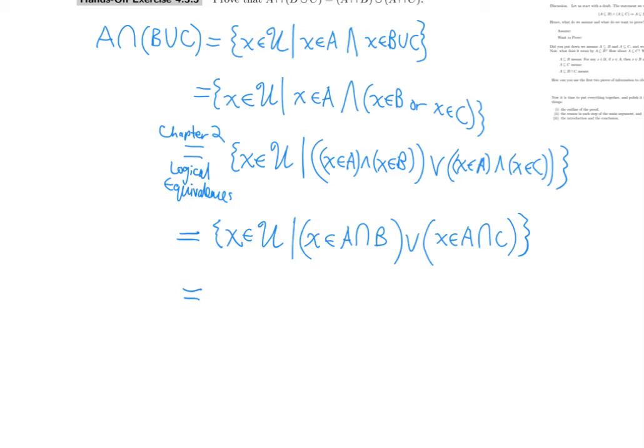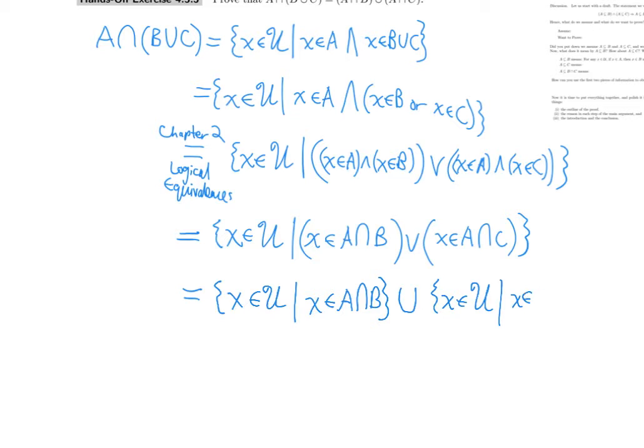So I could write this as the set of X in U such that X is in A intersect B, union the set of X in the universal set such that X is in A intersect C.